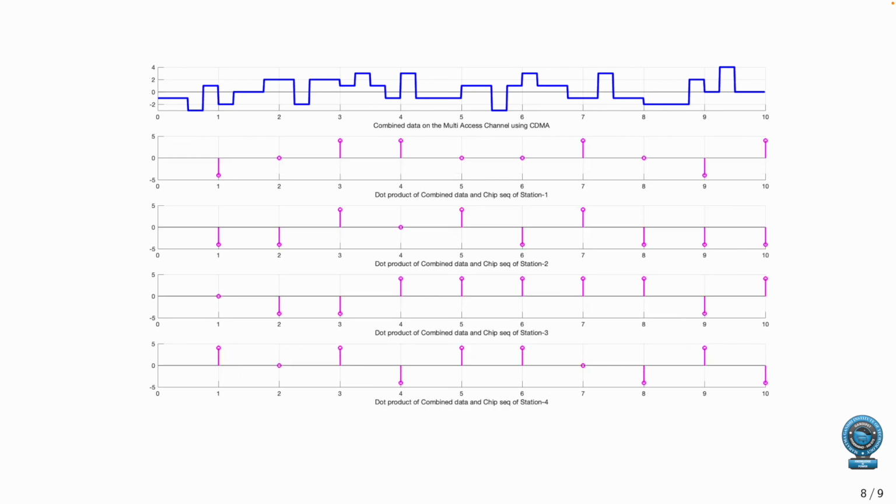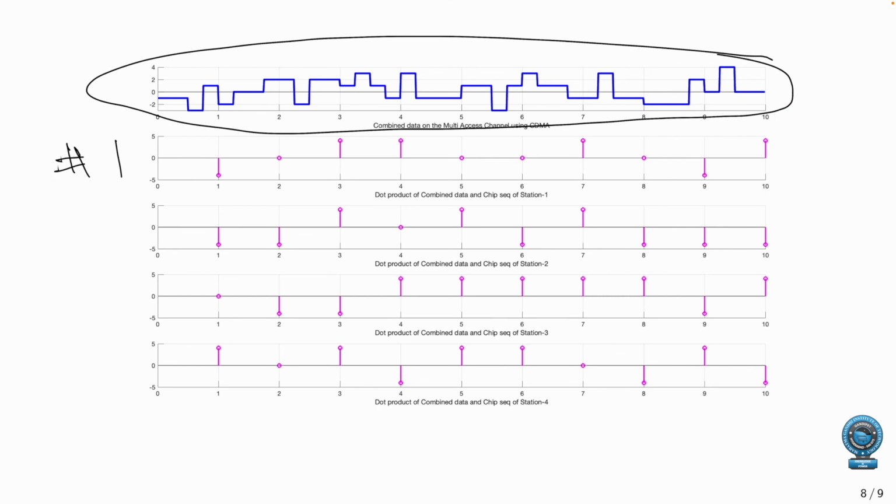Looking at the next slide, we see that the areas from the previous slide have been calculated and plotted in MATLAB over here. For example, the first case area is minus 4, which indicates station 1 sent 0 for the first interval, and then he was silent here.